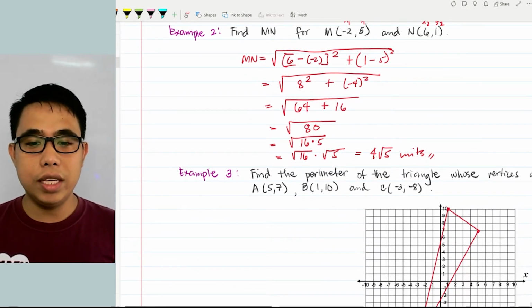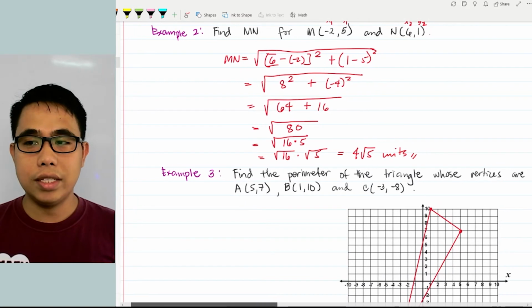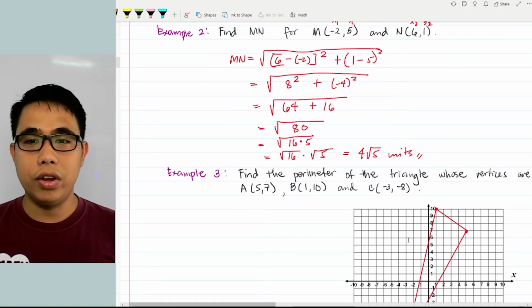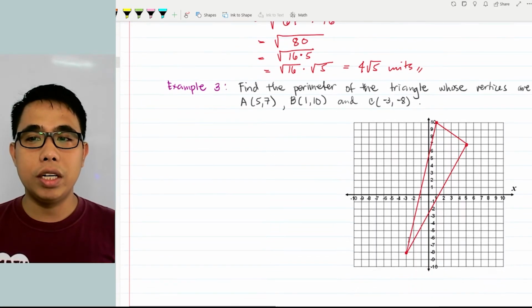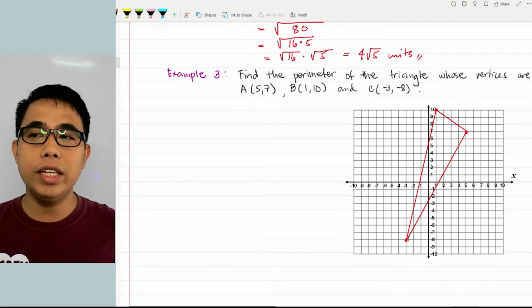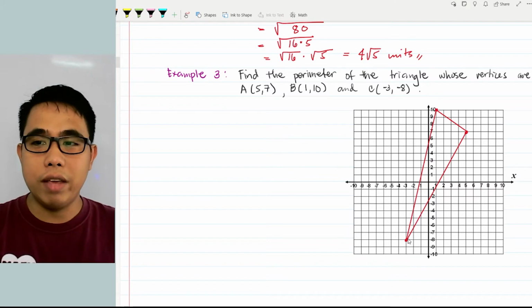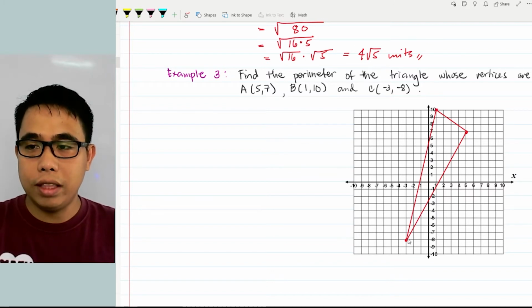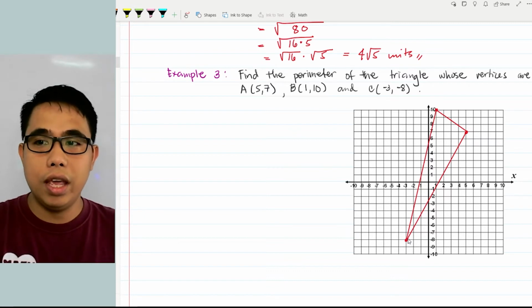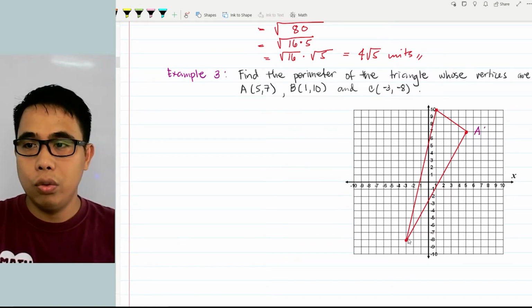So let's proceed to example number 3. Find the perimeter of the triangle whose vertices are A with coordinates 5, 7. So we're going to plot that one. 5, 7. So this is point A with coordinates 5, 7.